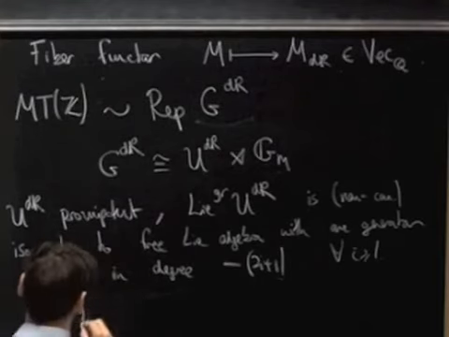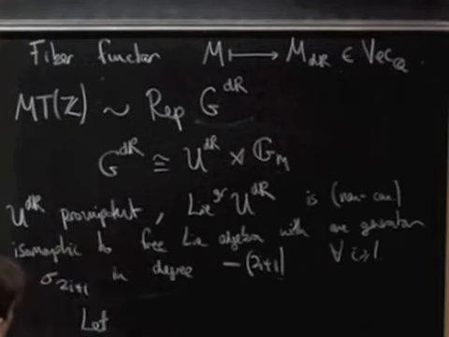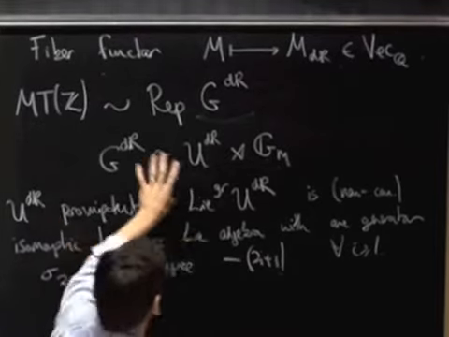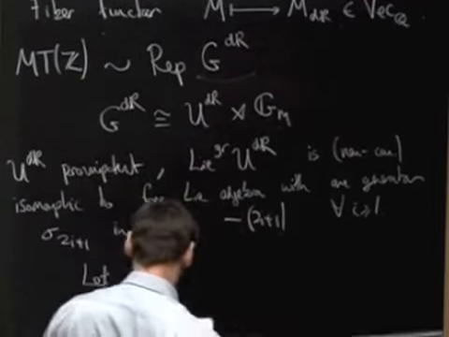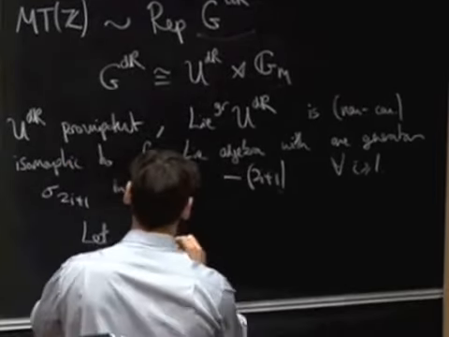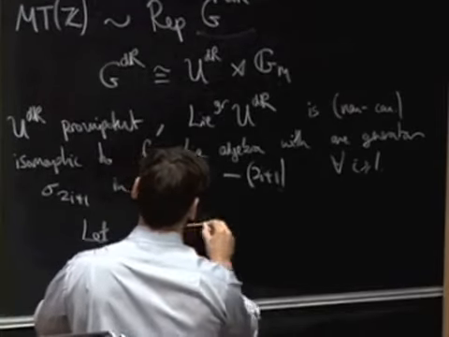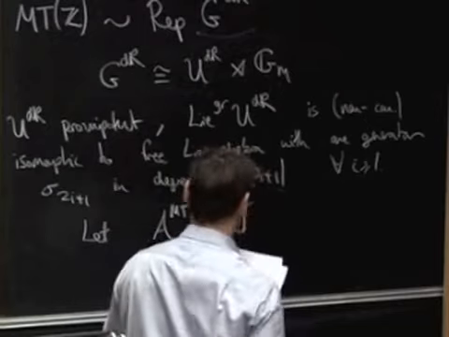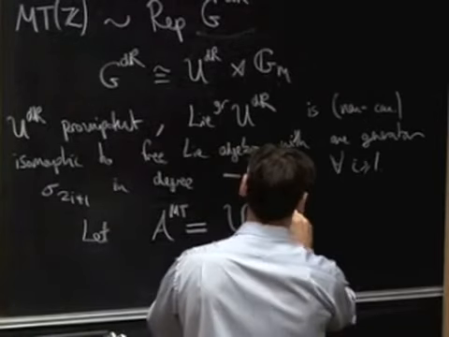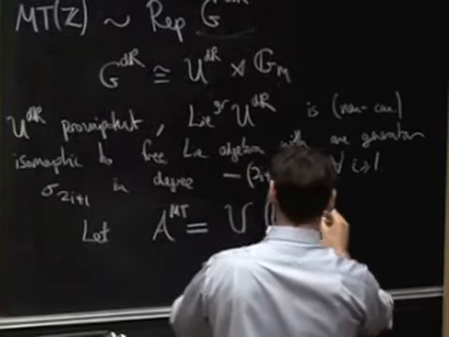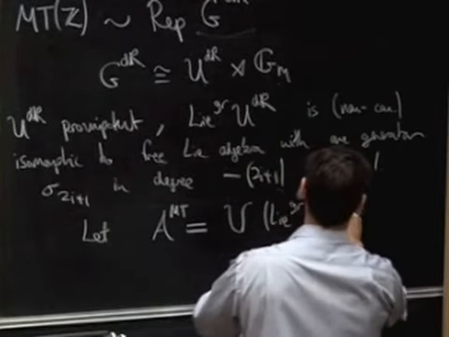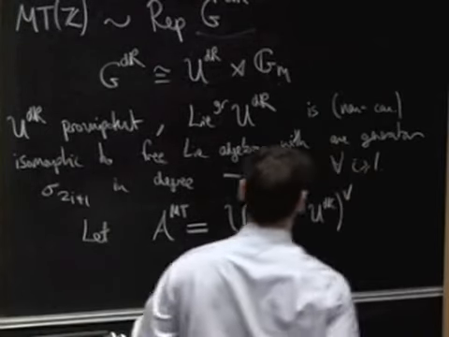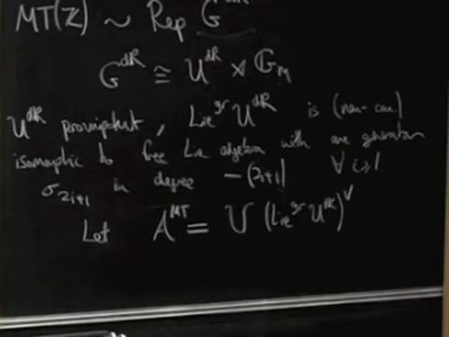Now let me, for later, look at what the functions on this group are and try to enumerate them. Let me call A_MT the universal enveloping algebra of this Lie algebra, dualized. So it's the graded functions on this Lie algebra.